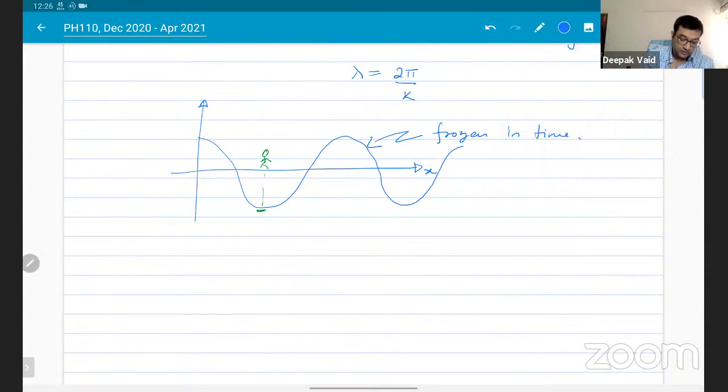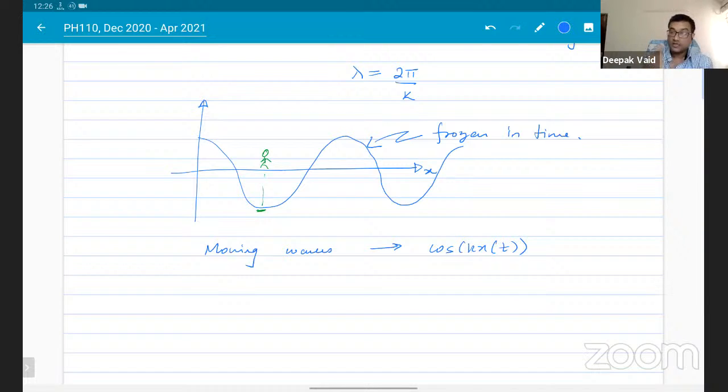So we want moving waves. That means instead of cosine kx, we need to put something that is a function of time. So instead of writing cosine of x, I should write cosine of x(t), where x(t) is some function of time.